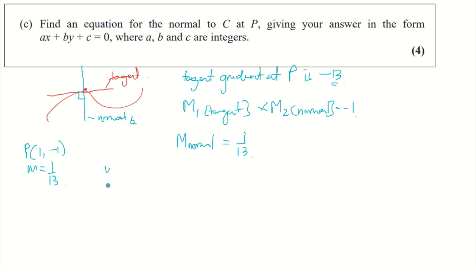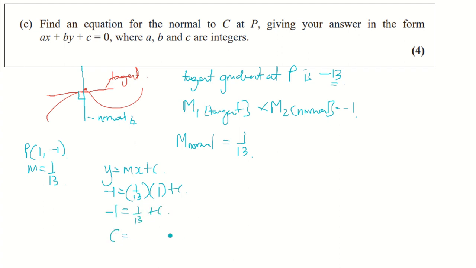So y equals mx plus c. y is negative 1, m is 1 over 13, x is positive 1, plus c. So negative 1 equals 1 over 13 plus c.